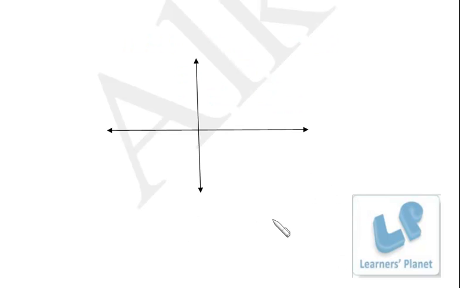Now friends, before we proceed further, let's have a quick recap of a 10th grade concept, that is how we make lines on a graph, right? Now this is origin, this is x-axis positive side, this is negative side, this is y-axis positive side, y-axis negative side, right?